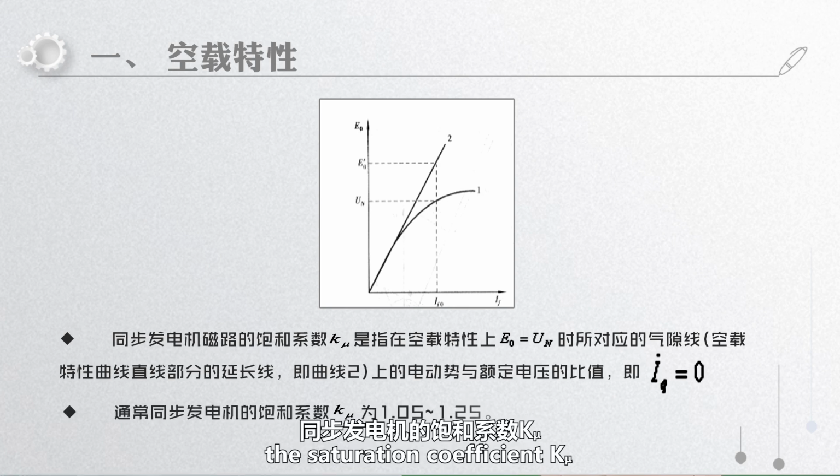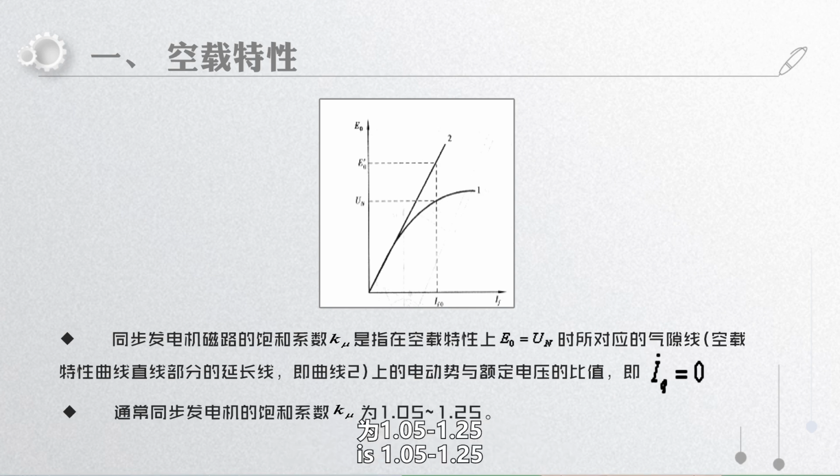Usually, the saturation coefficient K-mu of a synchronous generator is from 1.05 to 1.25.